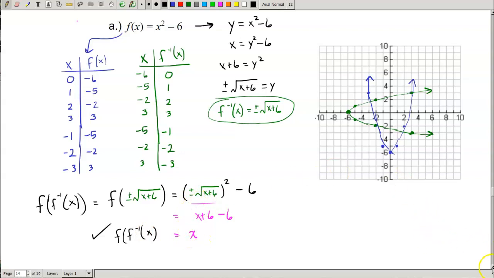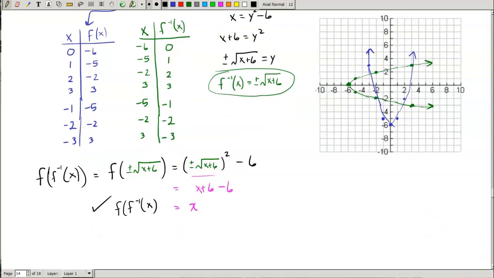Now, if we were really doing this properly, then we would have to do it the other way as well. So what if I did f inverse of f of x? What if I do the function composition the other way? I just do substitution the other way. Well, that would look like this. F inverse of, and the original function is x squared minus 6.